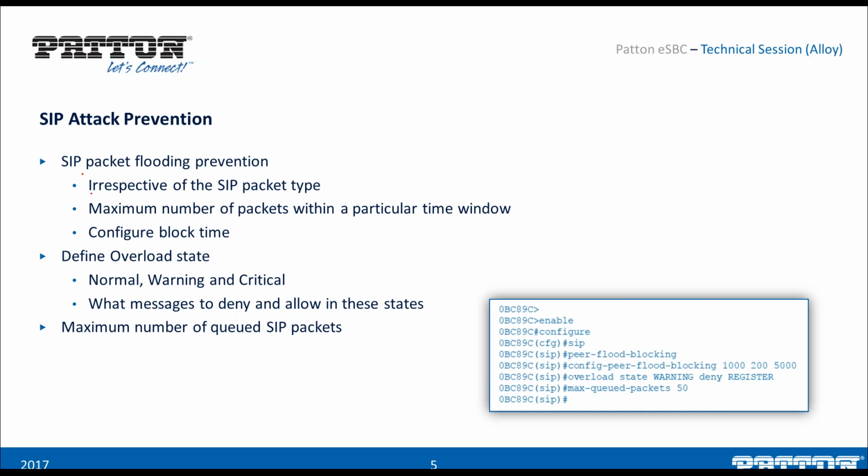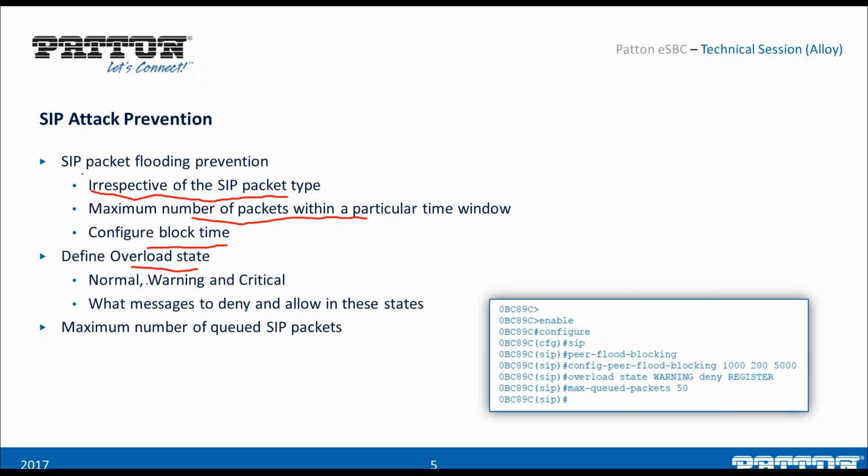How? Irrespective of what type of SIP packet is coming, it can start counting the maximum number of packets within a particular time frame, and based on that counting in real time, you can define what the block time should be. If you start receiving more packets than the predefined SIP packet limit, it should start blocking those.